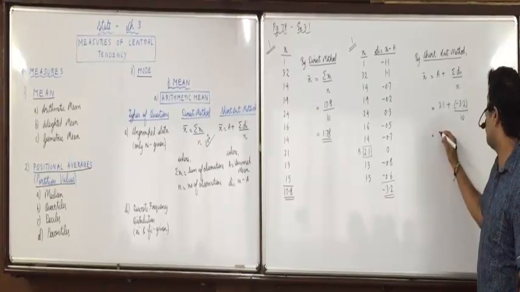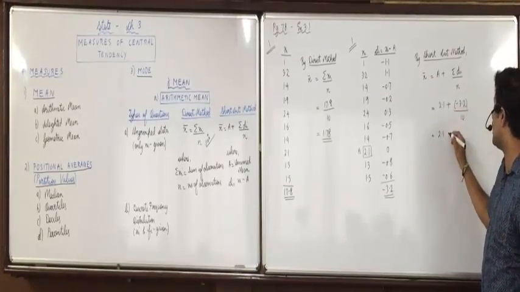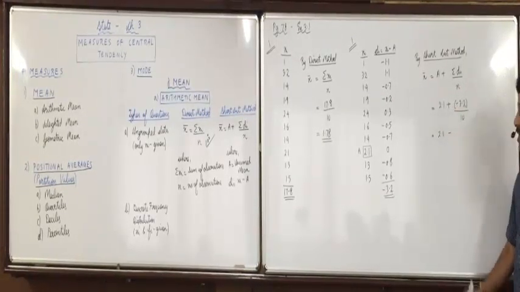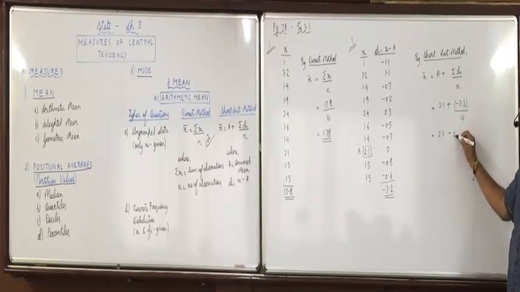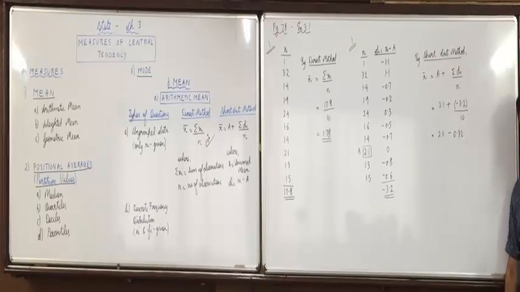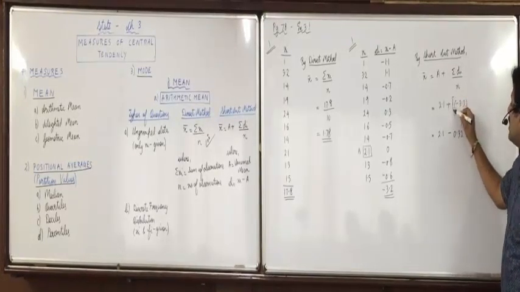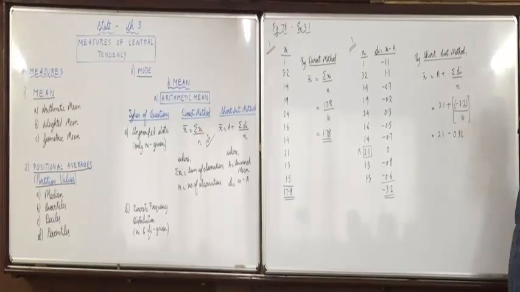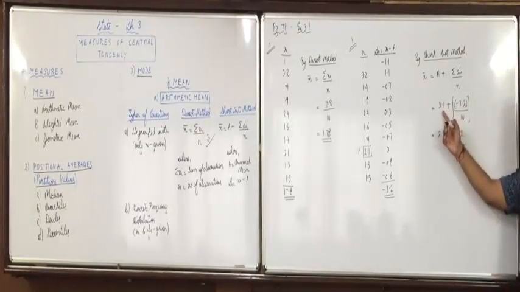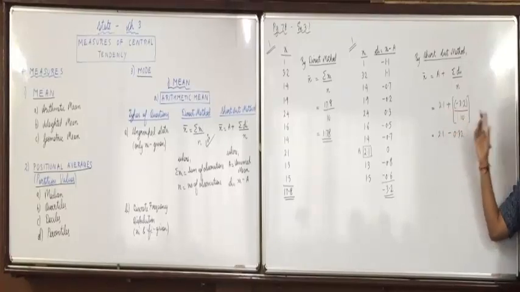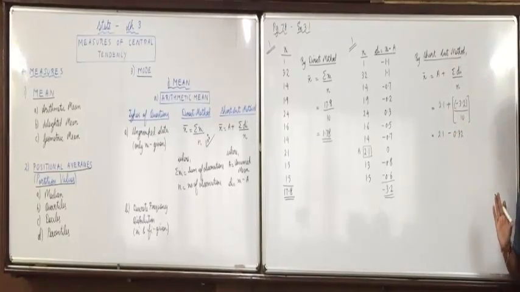So 2.1 as it is, now plus into minus becomes minus. First simply do 3.2 divided by 10. Always remember this part you will solve first. Understood, everyone? Don't directly do 2.1 plus minus 3.2 upon 10 in the calculator, you will get a wrong answer.